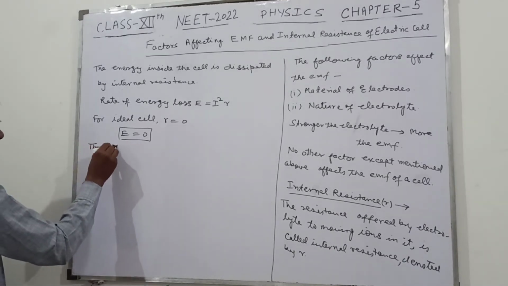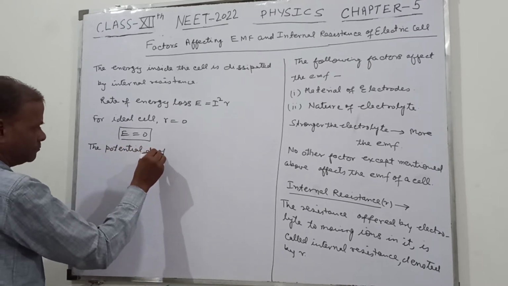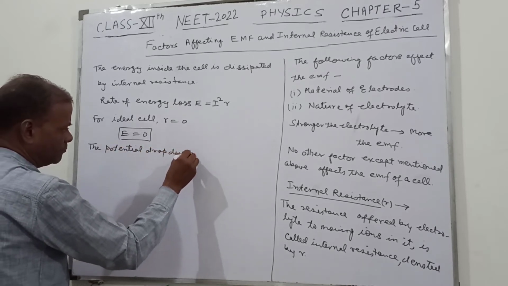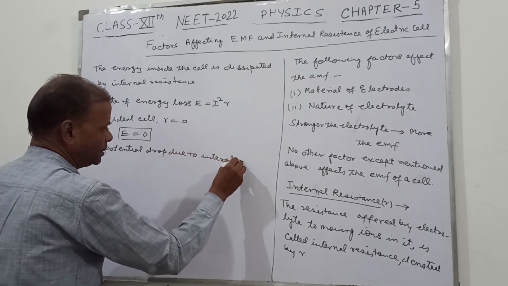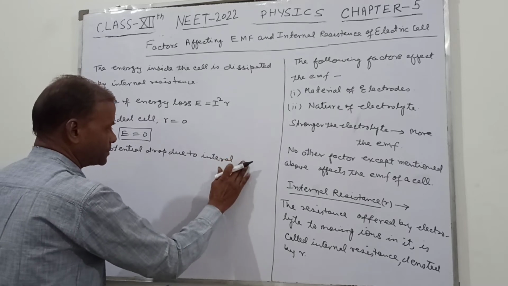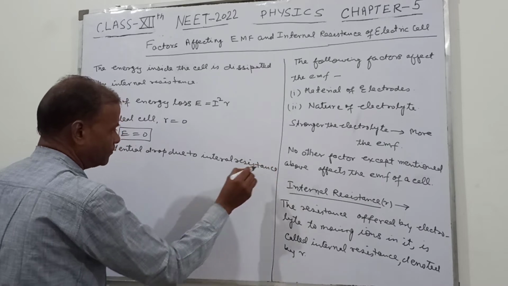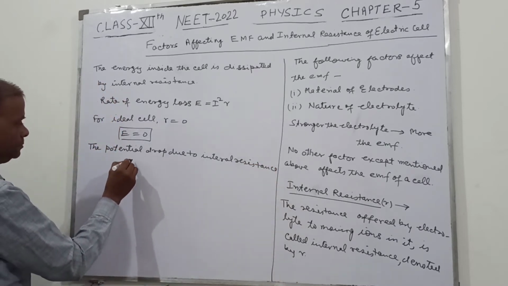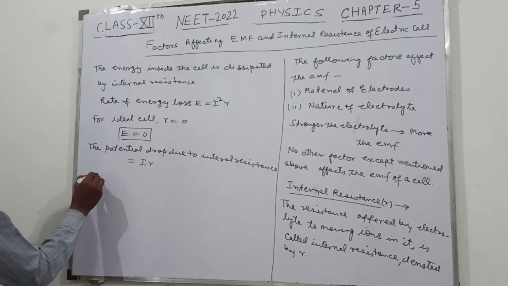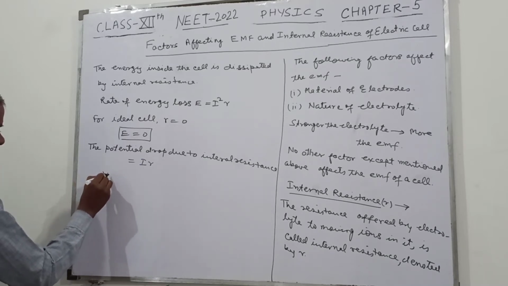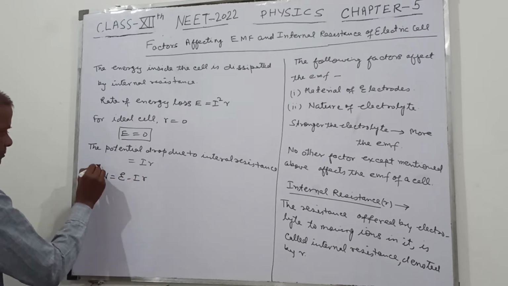The potential drop due to internal resistance is equal to IR, or we have V is equal to E minus IR.